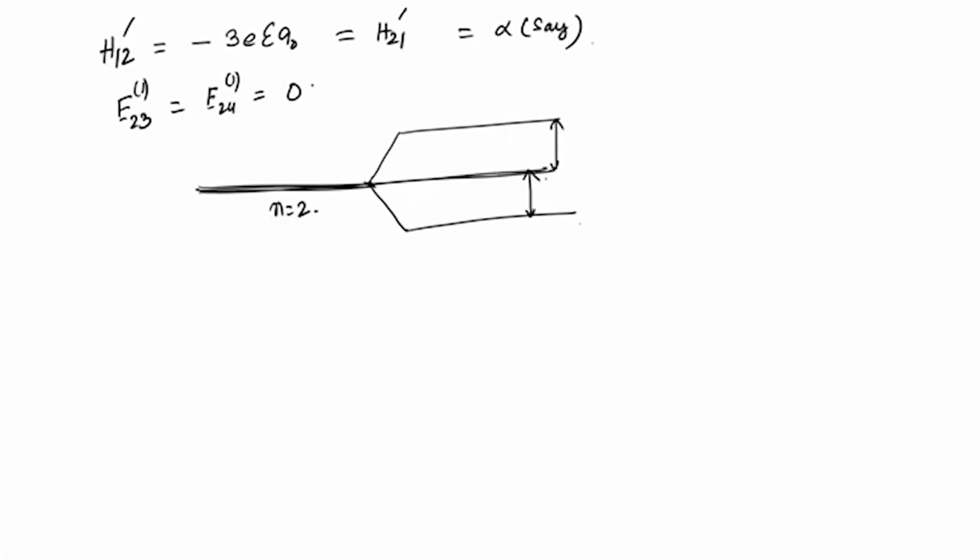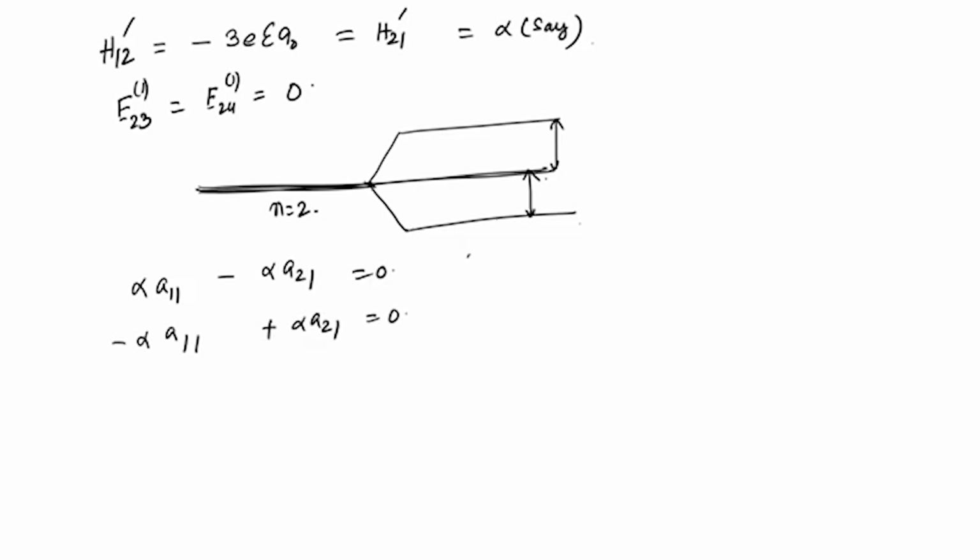Because of this simple feature that the 4 by 4 matrix splits into 2 by 2 block matrices, one can calculate the eigenfunctions. You use this alpha and write this as A11 minus alpha A21 minus alpha A, which is equal to 0, and A11 plus alpha A21 is equal to 0.